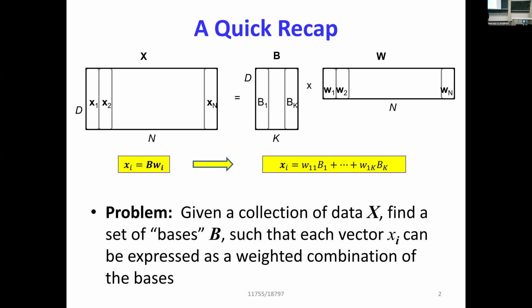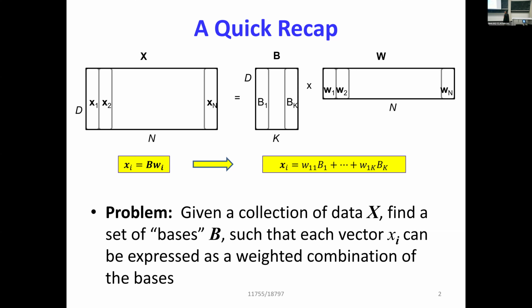In that example, our data matrix was a matrix of faces. And then we tried to find a set of bases B such that every vector over here could be expressed in terms of these bases. Now, you could just use your standard orthonormal bases and it would work just fine. But then we wanted to come up with a different set of bases. And in those cases, we were looking at eigenfaces as our bases.